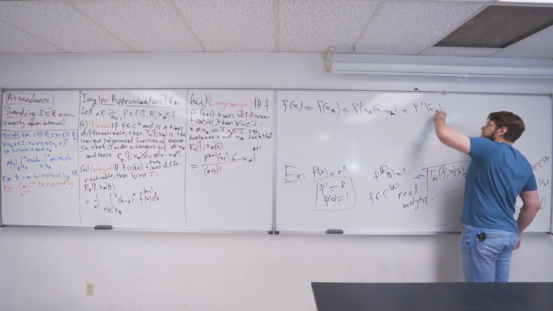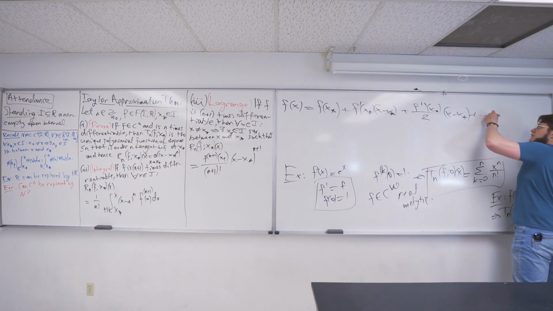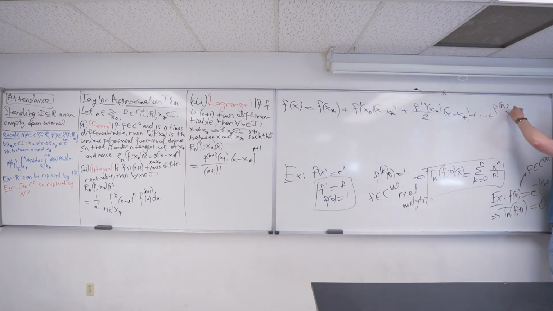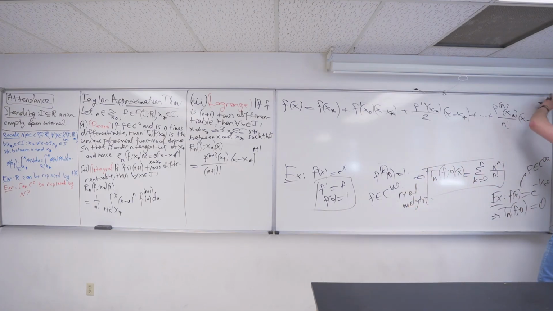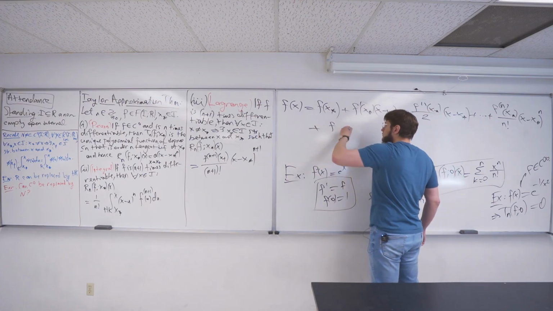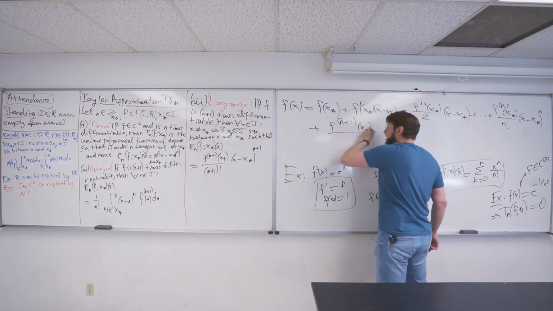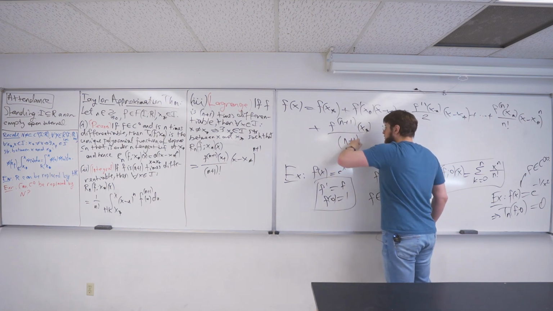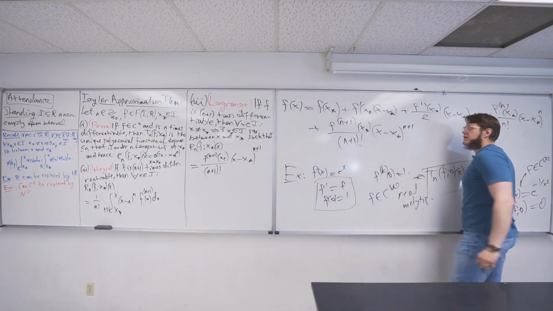Double prime at x star divided by 2, x minus x star, all the way up to the nth derivative. Okay, so everything is nice until here. Oh, that's n. And then you have the n plus first derivative at x star again. Okay.